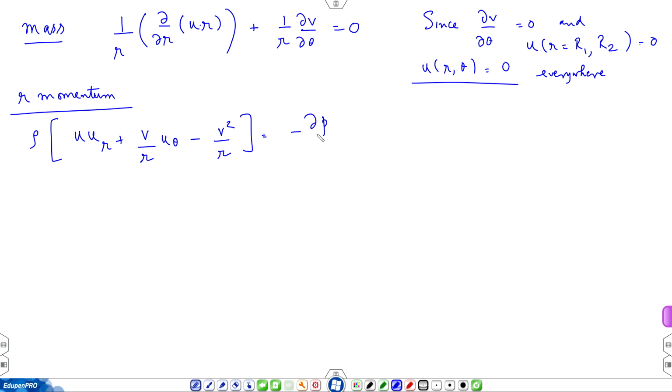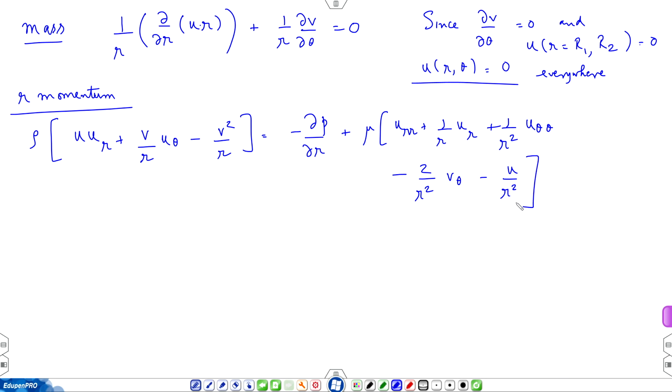So, this is like a longish form. In coordinate free form, this whole thing in brackets is just del square u.